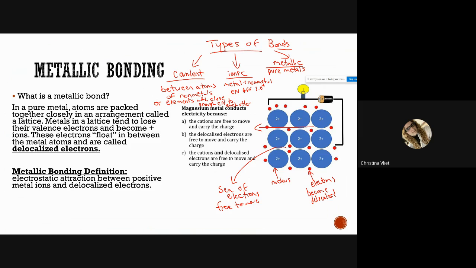You are potentially going to be asked, so this means memorize, write it on your notes, the definition word for word for metallic bonding. And its official definition is it's the electrostatic attraction. What does electrostatic mean?